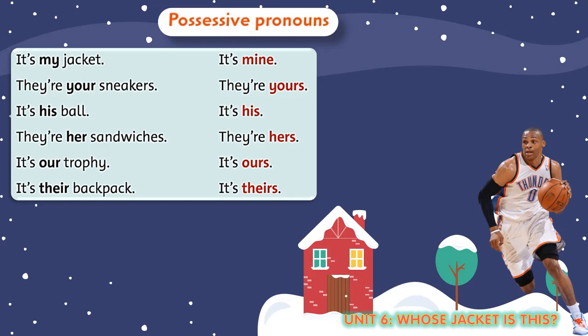For example, it's my jacket, it's mine. They're your stickers, they're yours. It's his ball, it's his. They're her sandwiches, they're hers. It's our trophy, it's ours. It's their backpack, it's theirs.